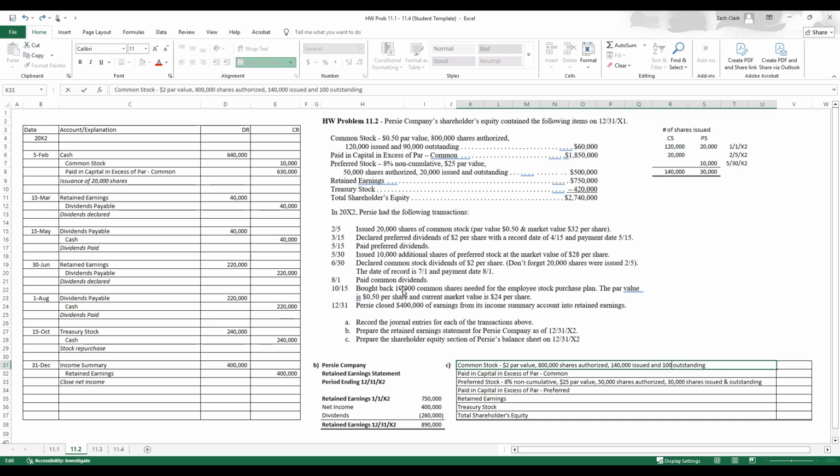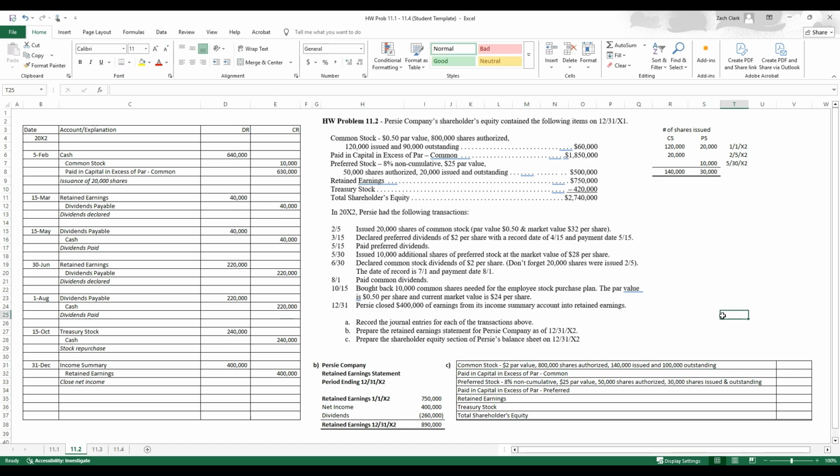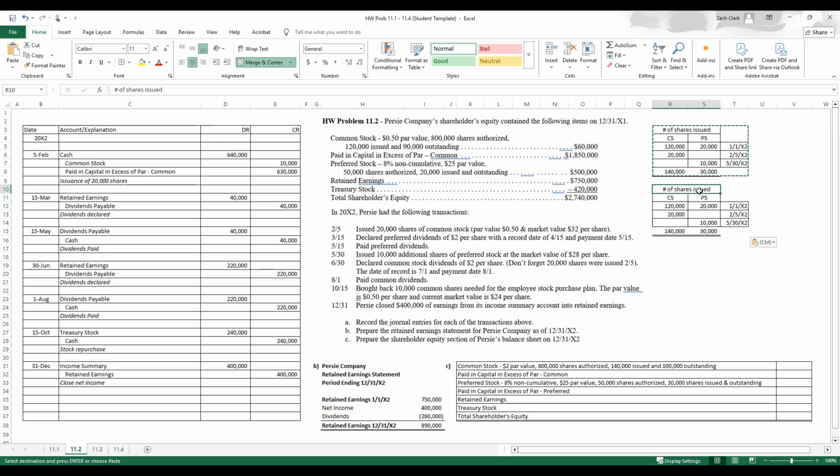So that's going to be 100,000 total outstanding. Maybe I'll add a section there as well, I figure that might be helpful. I'm just going to paste this in.